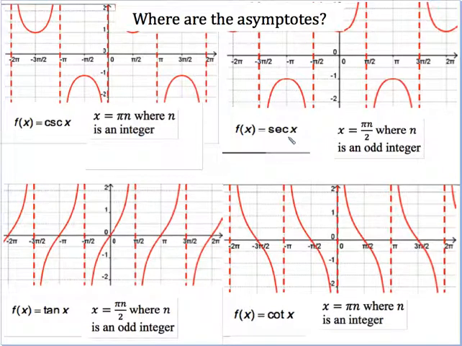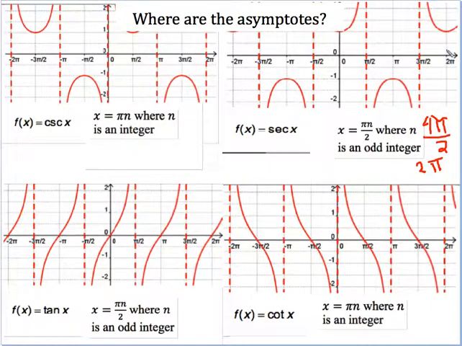If you have the version with secant, your asymptotes are at pi over 2, and then 3 pi over 2, and 5 pi over 2. You'll notice that your n value here always has to be an odd number, okay? Because if it was an even number, let's say you said 4 pi over 2, well, that reduces to 2 pi, right? 4 divided by 2 reduces to 2 pi.